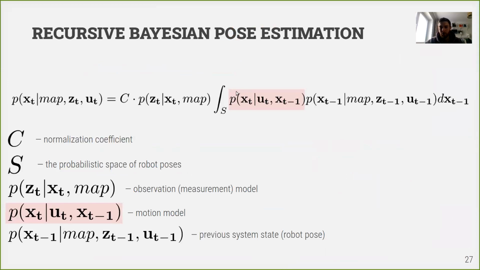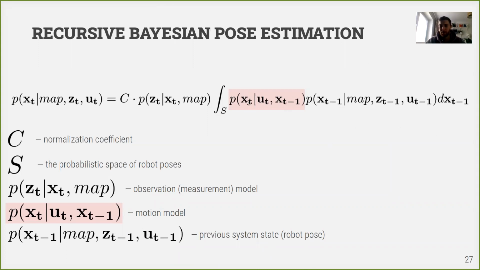So this first part, having our previous pose and having our control commands, which can be real control commands like the linear and angular velocity we are commanding to the robot, or which can be substituted by sensor readings, basically we substitute control commands by something we already estimated with sensors, we can estimate the first part of the equation, and this part actually gives us our prediction.